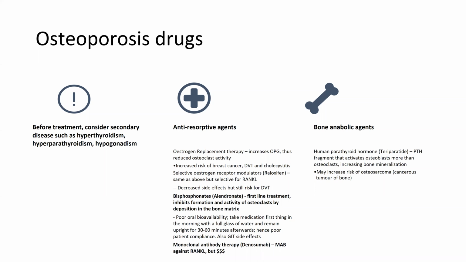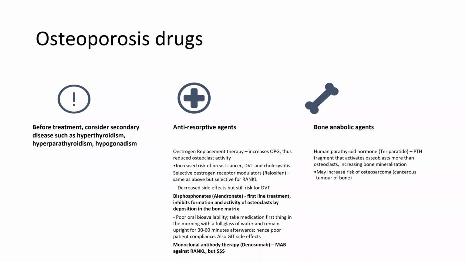So selective estrogen receptor modulators like raloxifene target that gene. It doesn't have the same side effects as estrogen replacement therapy, but there's still a risk for deep vein thrombosis, which, as we talked about before, leads to an increased risk of stroke or cardiac events.